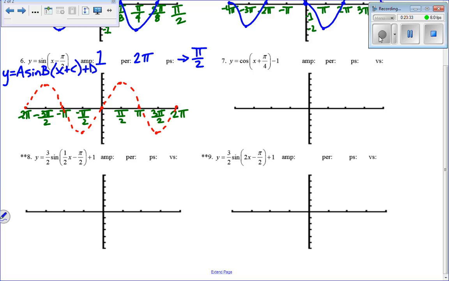And that, for this one, is relatively easy because each hash mark is pi over 2. So just start at negative 2 pi, and you're going to shift it to there. Right? Go to your next point. Shift it pi over 2. Your next point.